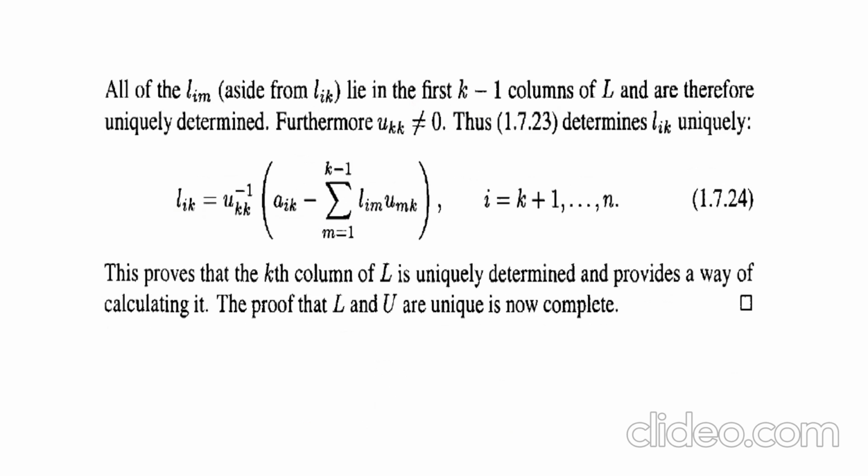All of the LIM lie in the first k minus 1 columns of L. Just as you found the entries of U, you can find all entries of the L matrix with this relation. This proves that the kth column of L is uniquely determined and provides a way of calculating it. The proof that L and U are unique is complete.